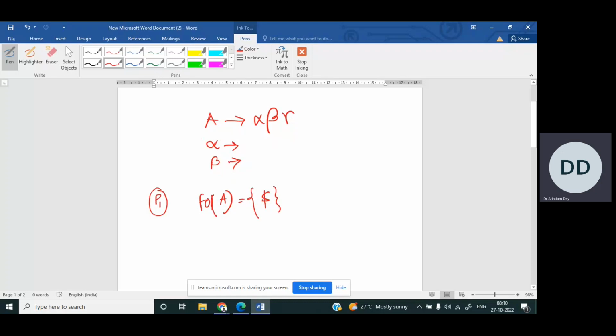We are not bothered about whether alpha is a terminal and beta is a non-terminal or not, because A is the root node from where I am generating the tree, alpha, beta, and gamma. From alpha I am generating something, from beta I can generate something, or I can generate even epsilon, or even I cannot generate any move. So A remains a root node. For the root node, the follow of that root node will be dollar. This is the first rule. Okay. Now the second rule. Okay.